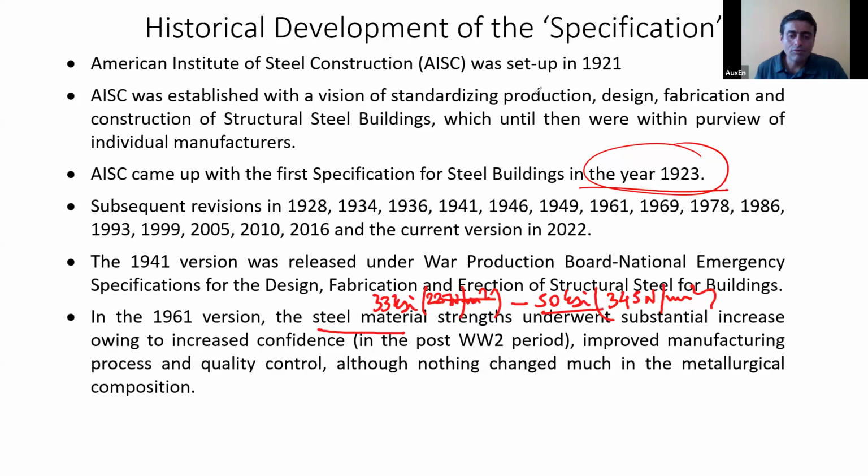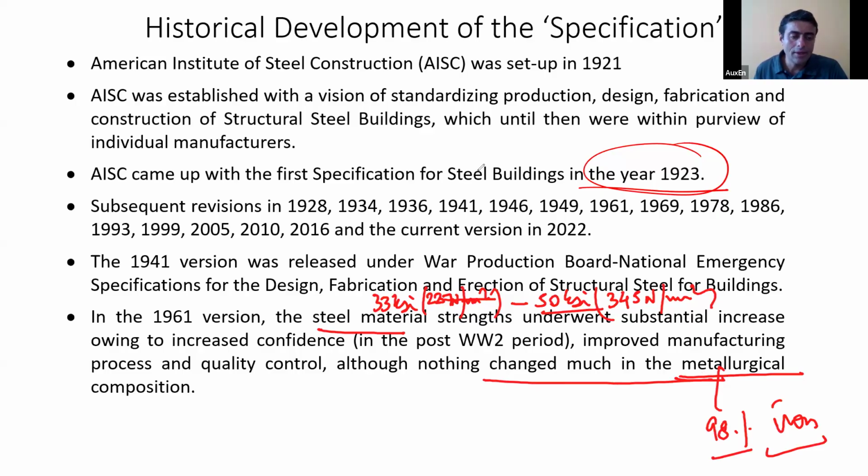What was the reason? Of course, the reason was advances in metallurgical composition, but nothing much had changed in it. What I'm trying to tell you is that in steel, 98% is iron anyway. Whichever steel grade you pick up, almost 98 to 98.5% will be iron. So the variation is only 2%.